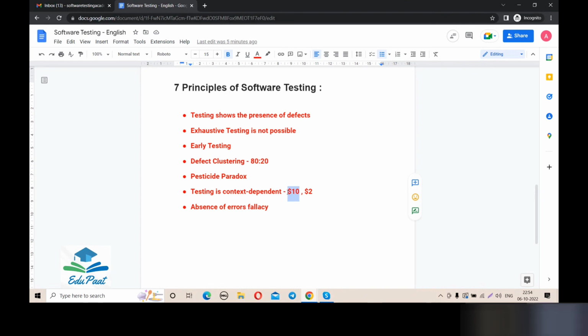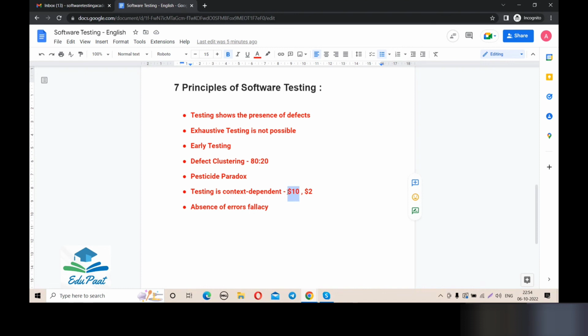So we have to choose the correct way. No product, no single software, can we tell is defect free or bug free. We cannot tell that.